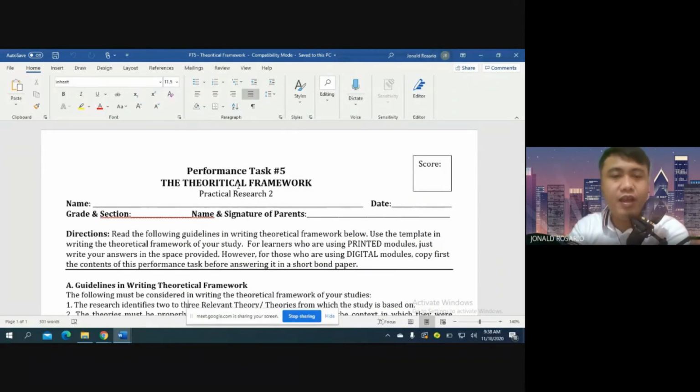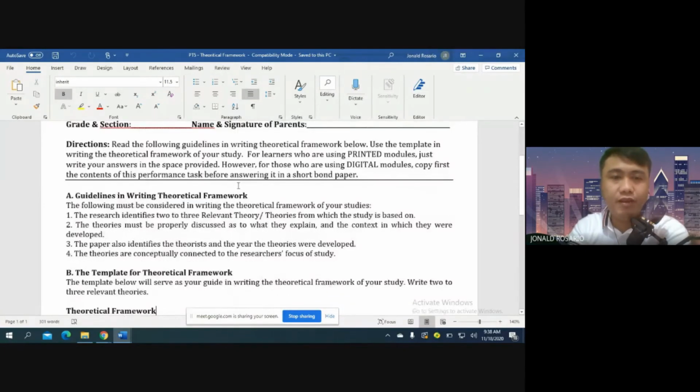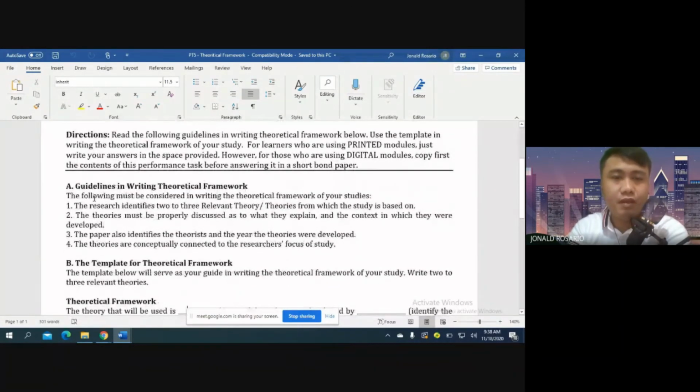And so meron tayong guidelines sa paggawa o pagsulat ng theoretical framework. The following must be considered in writing the theoretical framework of your studies. Number 1, the research identifies 2 to 3 relevant theory or theories from which the study is based on.